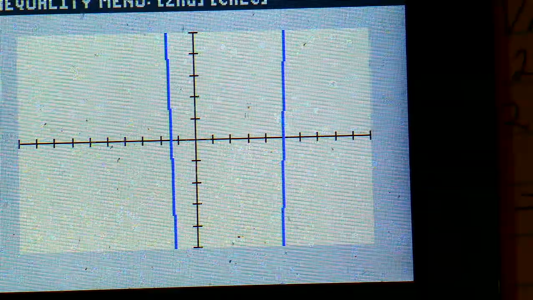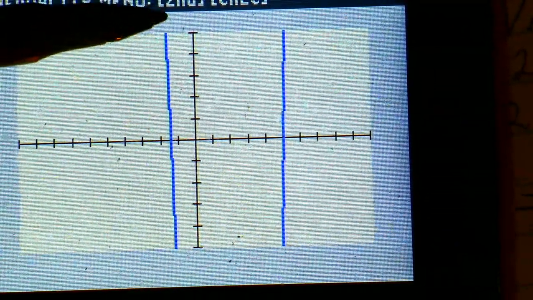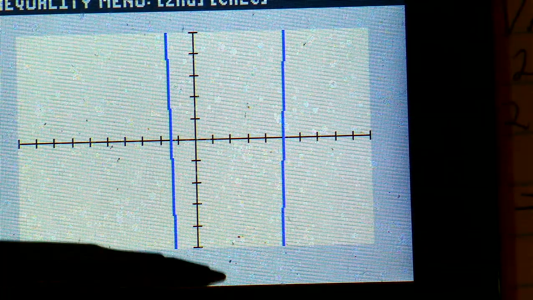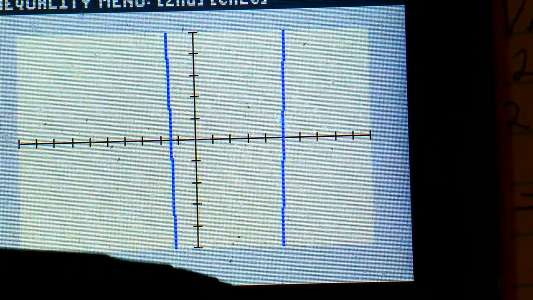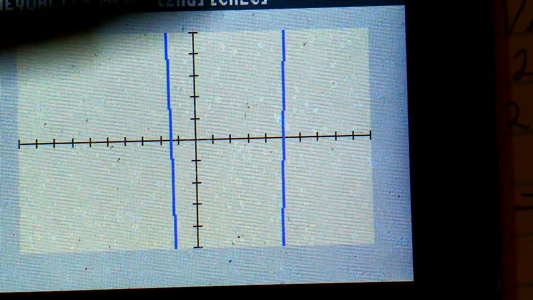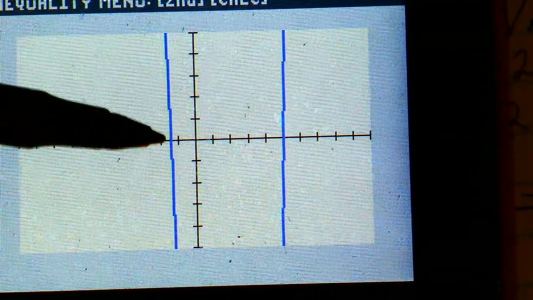So this is a big enough window that you can tell the way it drew it that it is a parabola. Its vertex is way out of sight, somewhere far below negative 20. What we're interested in are the two locations where it crosses the x-axis.